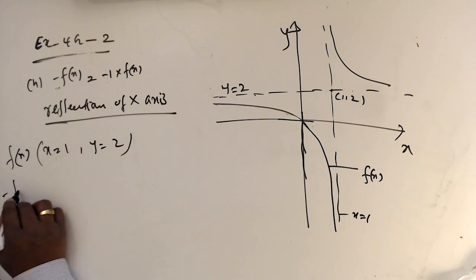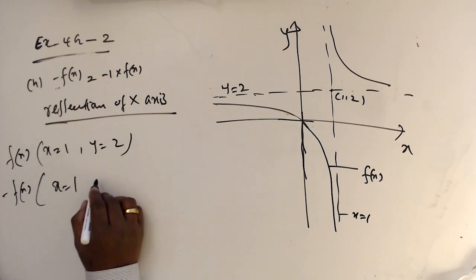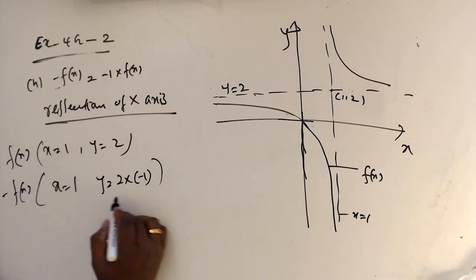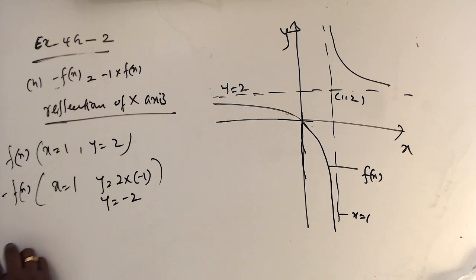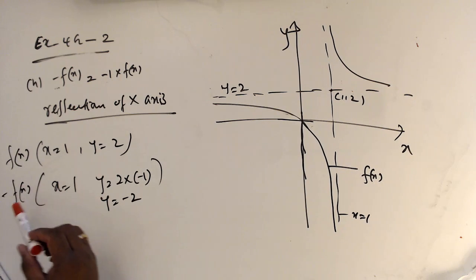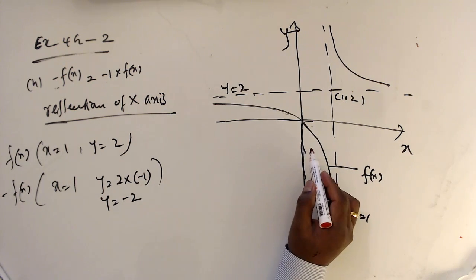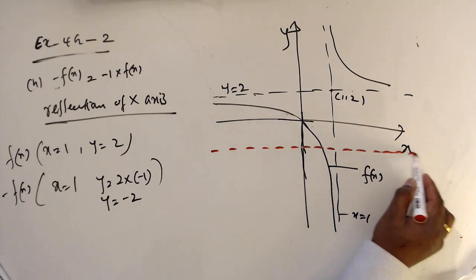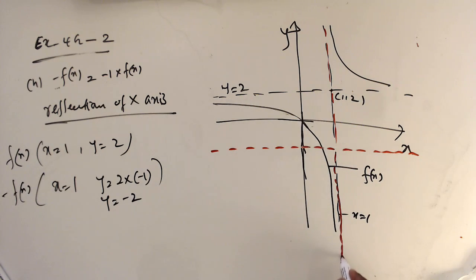Now for minus f(x), the asymptote will be x equal 1 and y equal 2 multiplied by minus 1, which is y equal minus 2. Now y equal minus 2 is the new asymptote, and x equal 1 is as it is.